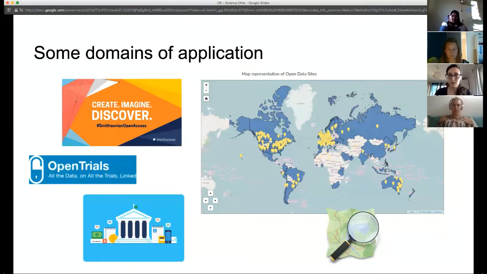But we'll see some examples later. But the idea of public institutions especially going open is very powerful, because it's taxpayer money that should come back. So that's one of the other main arguments of open access and open data.